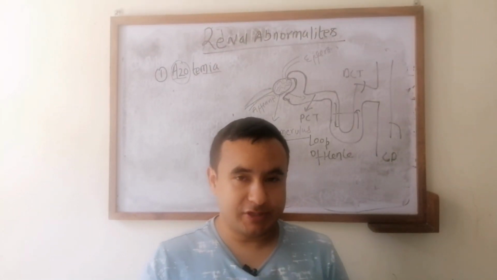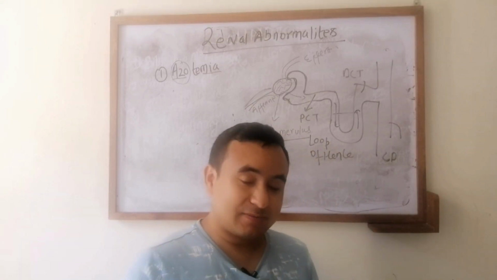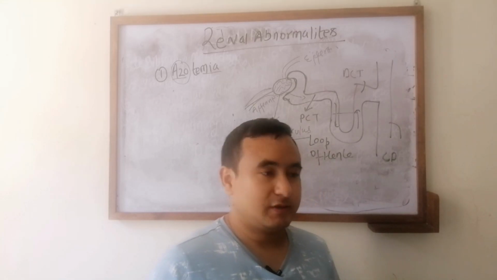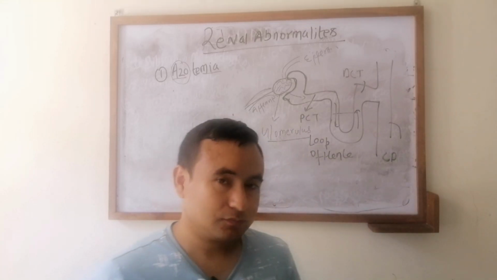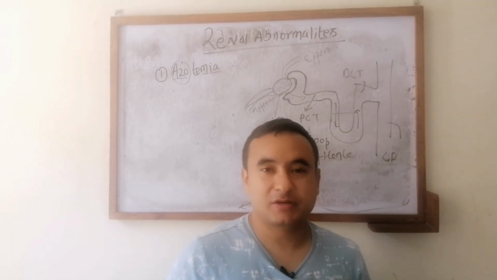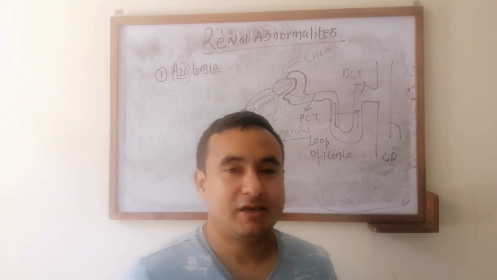The common nitrogenous waste is urea. There is an increased level of urea in our blood. That is azotemia. So if someone asks you the definition of azotemia, you have to tell them it is the increased level of nitrogenous waste in our circulation.